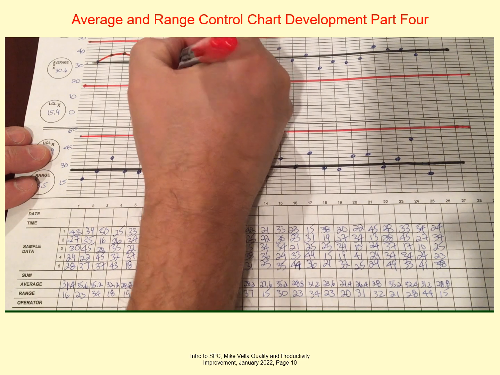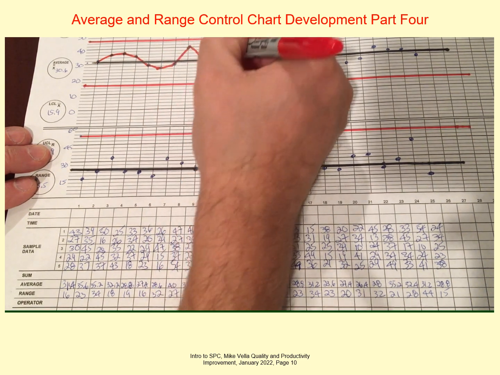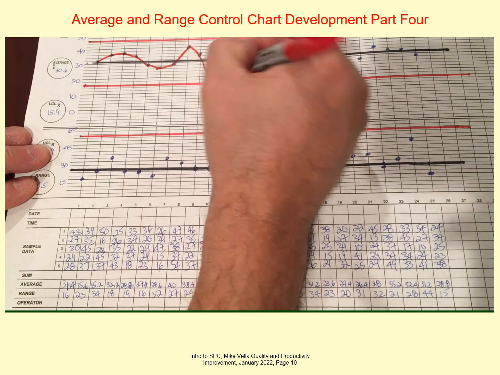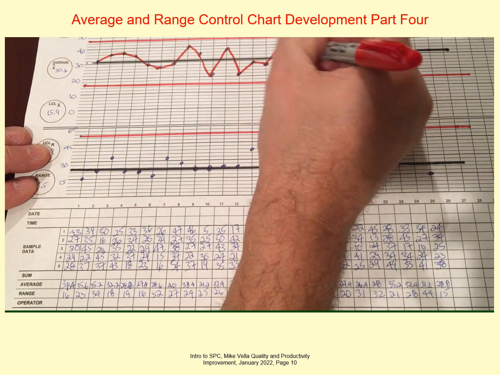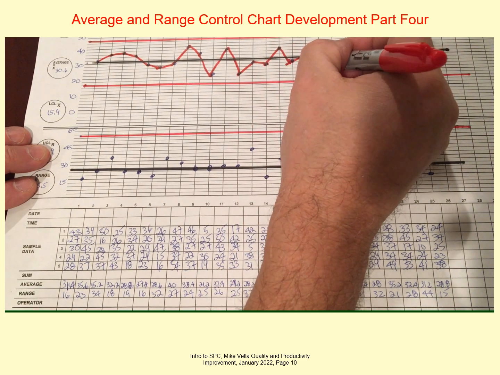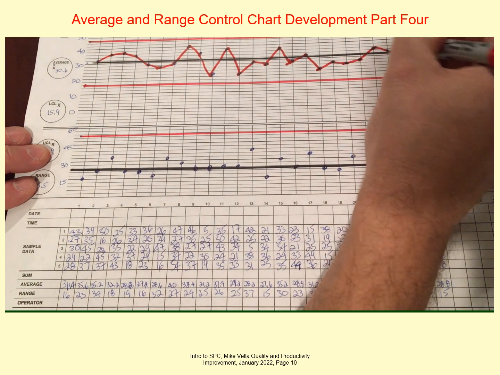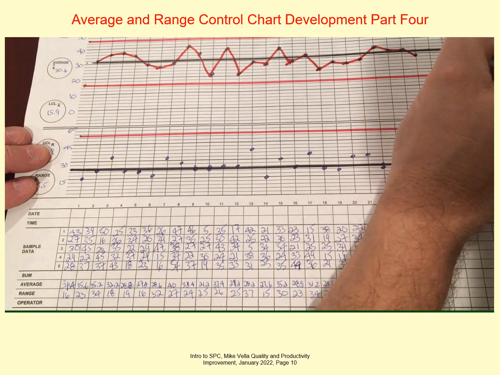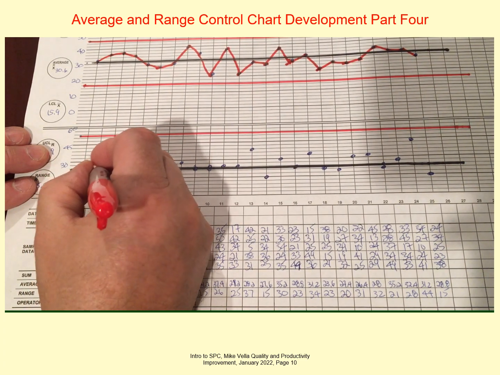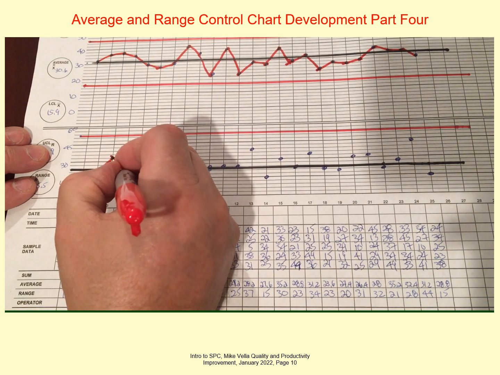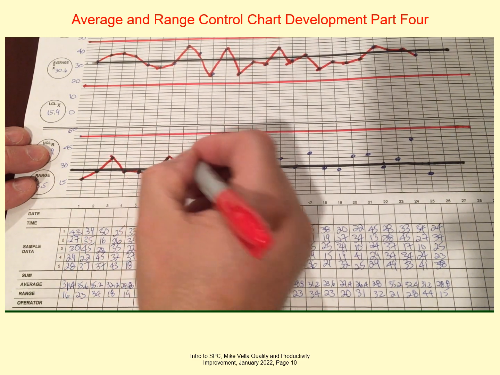And in production, you'd be doing this every time you'd have a subgroup. So you wouldn't be doing this all at once, you'd be doing this as you go along. And you see it's not too much of a burden. It's simply selecting the samples, adding 5 numbers up, calculating the average, determining the range, plotting the point.